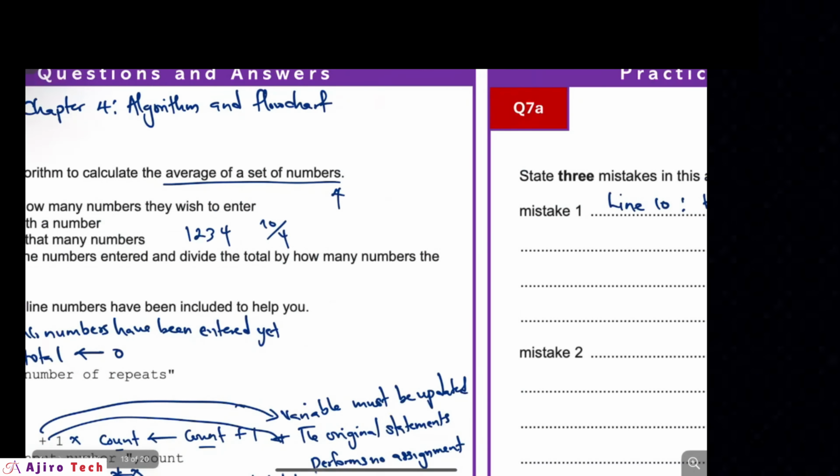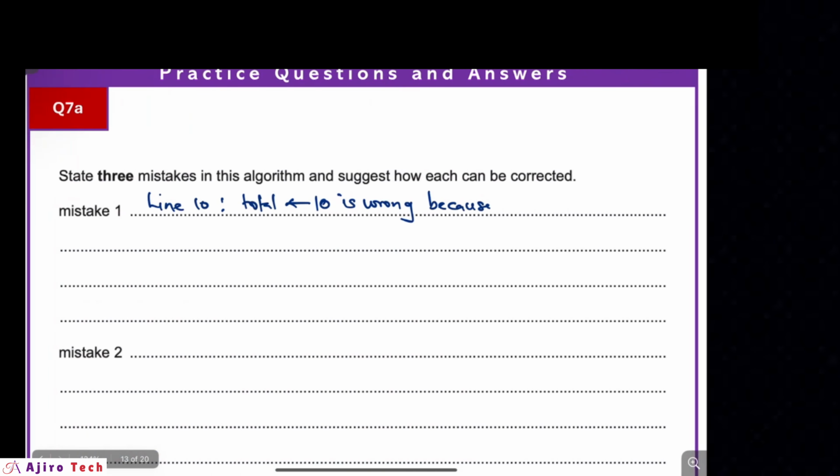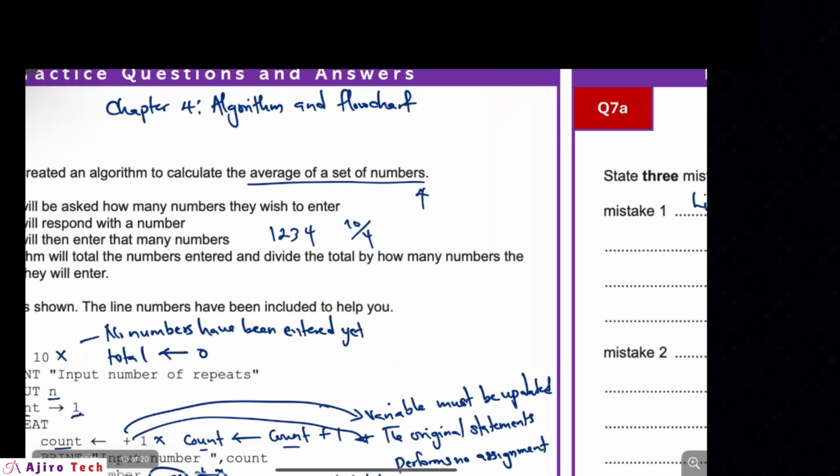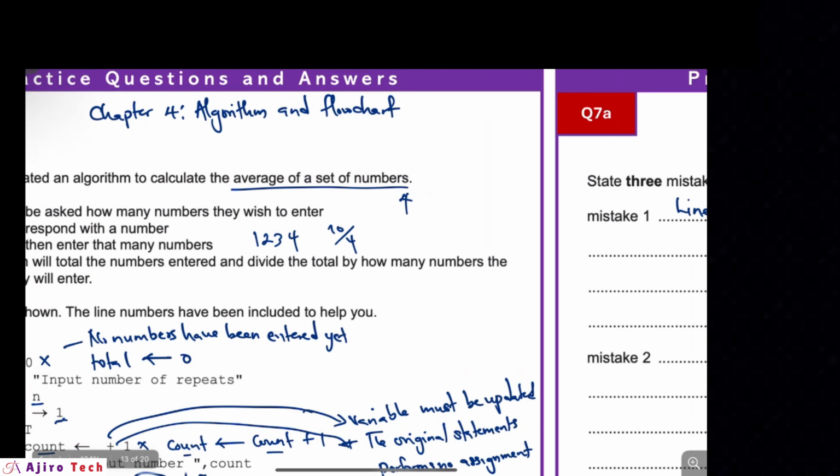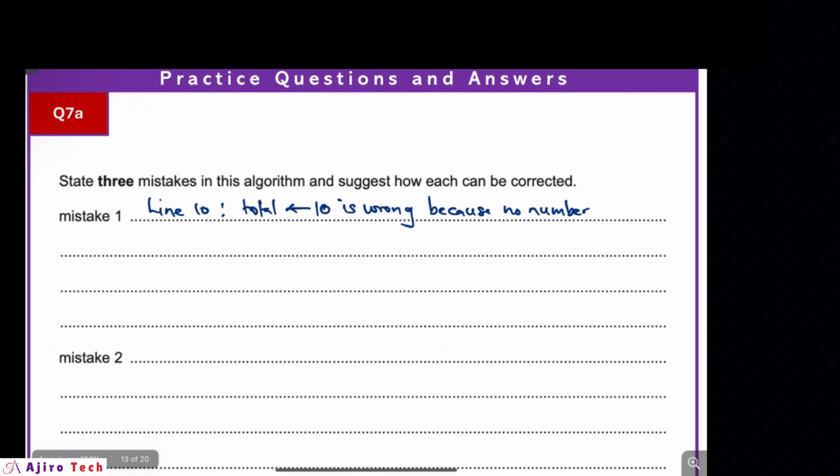what did I say here? No number has been entered yet because no numbers, right? Numbers have been entered yet. Okay.